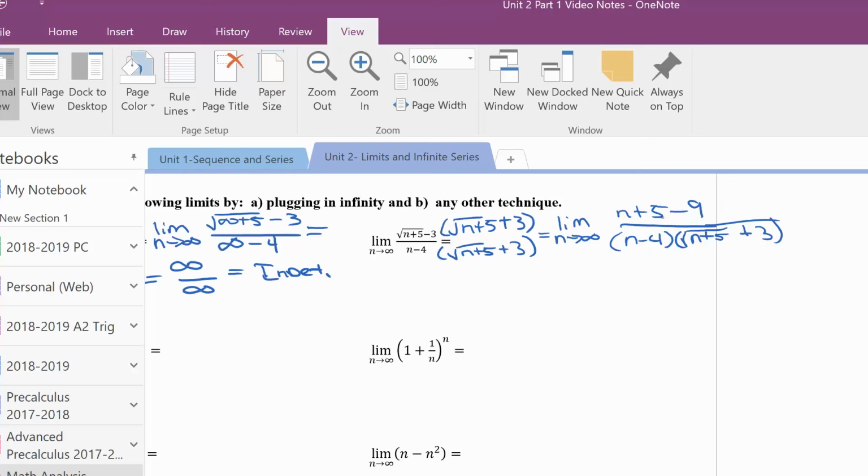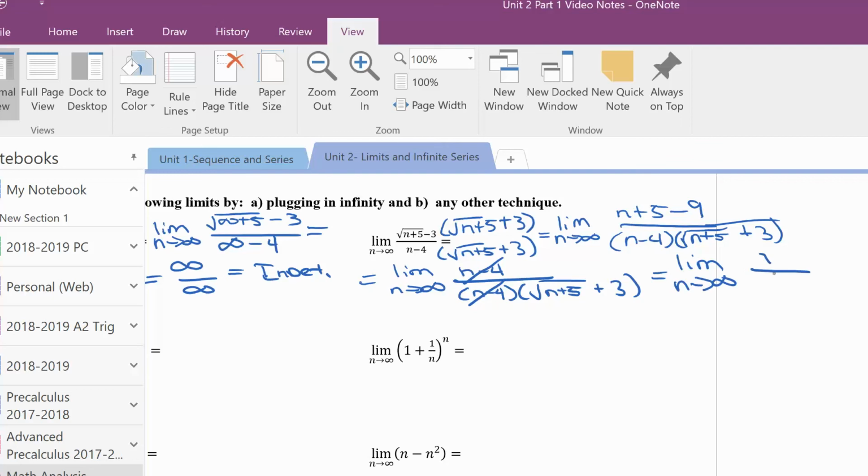Now when we simplify the numerator, we get n minus 4 over n minus 4 times the square root of n plus 5 plus 3. Notice the n minus 4's cancel out, so we get the limit as n approaches infinity of 1 over the square root of n plus 5 plus 3.